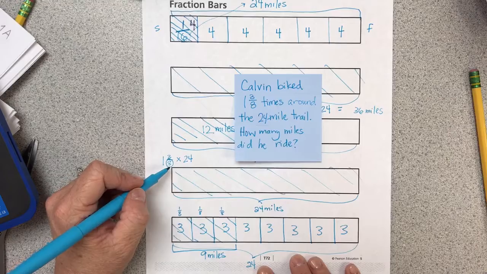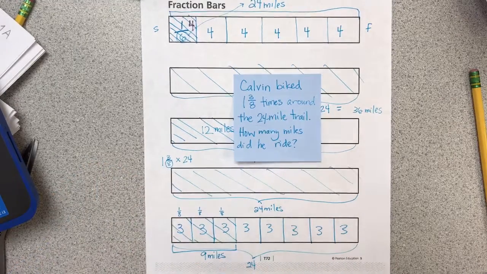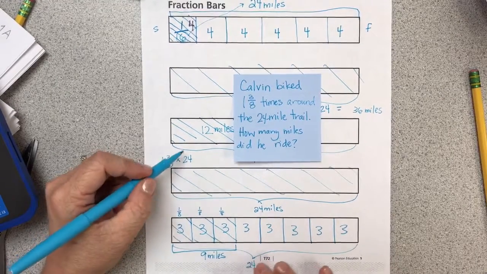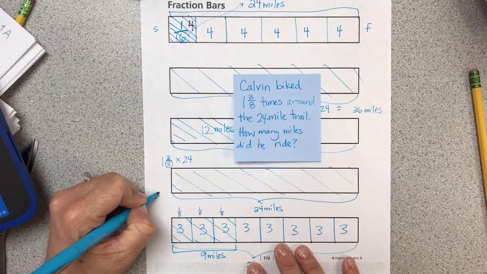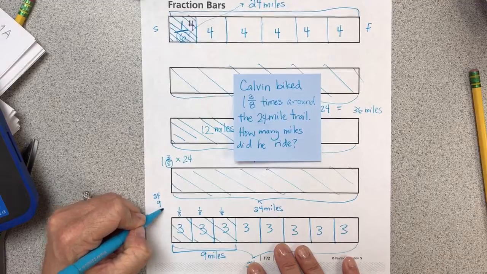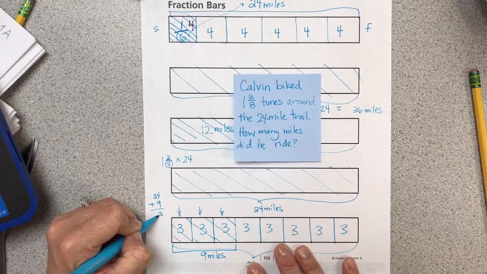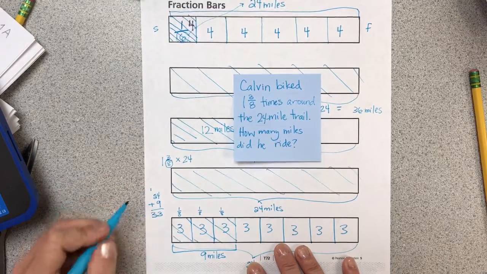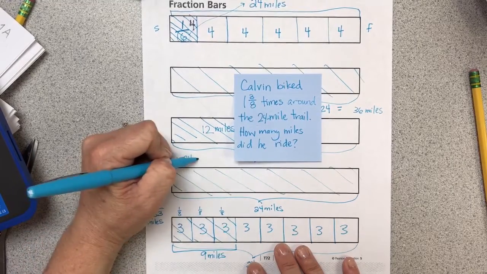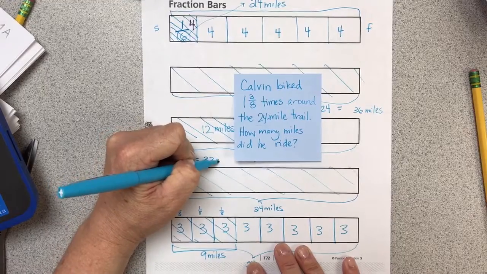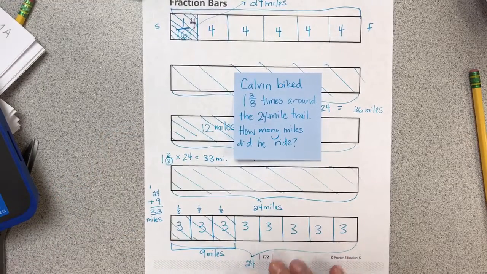So when we need to figure out how many miles is 1 3/8, we add the 24 miles from the 1 whole and the 9 miles from the 3/8, and that will tell us how many total miles Calvin rode. So 33 miles is your answer to that one. What do you guys think? Easy peasy? You got this?